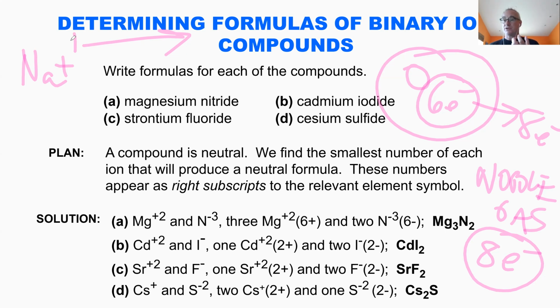And when it gains those 2 electrons to get to 8, it now has more electrons than protons. It gained 2 additional negative charges. So oxygen is -2. But when we look at nitrogen, what group is nitrogen in? 5. 5, meaning it has 5 electrons furthest away from the nucleus.